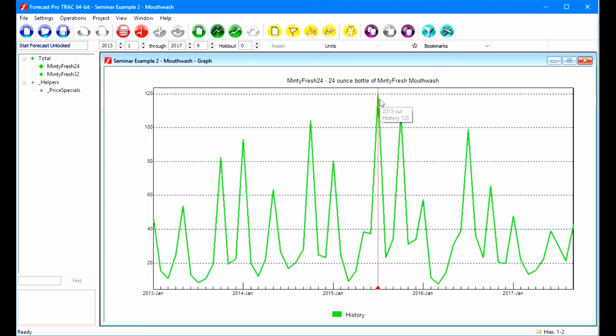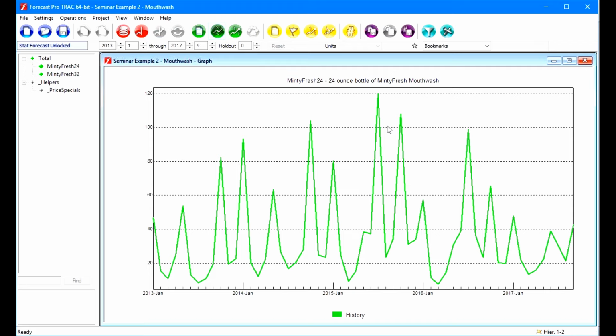July, October. So overall, the spikes seem to fall within the same months in general, but not always. So a natural question to ask here is, what is driving these spikes? Are they seasonal? They seem to be. Well, this is mouthwash.